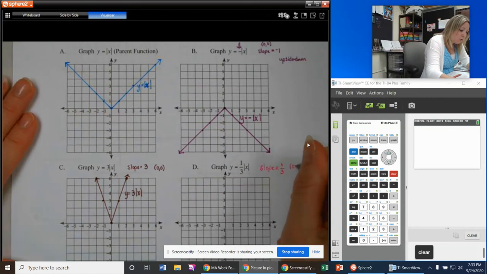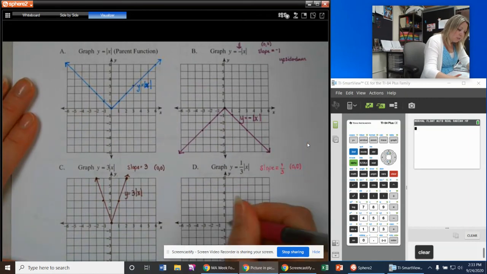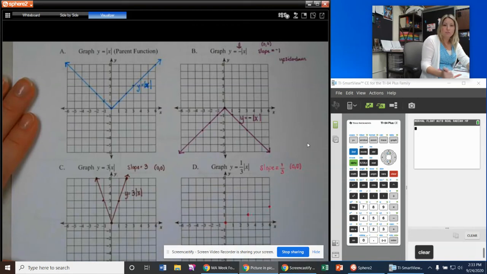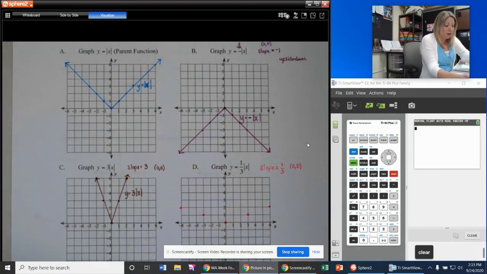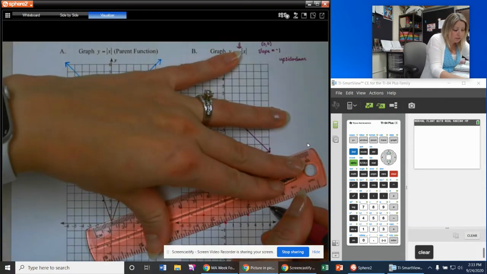Still haven't moved our vertex, but now we're only going up 1 and right 3. So look how wide this is. And look how much wider that is. And then on this side, it's the opposite. So up 1, but we're going left 3, and up 1, and we're going left 3 more, and connect that and look at that.